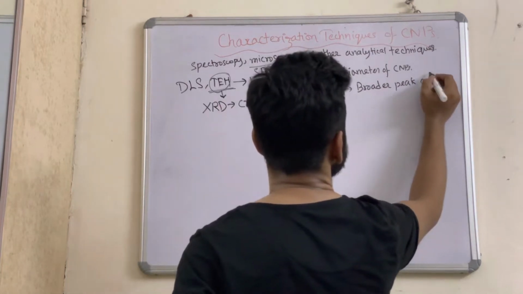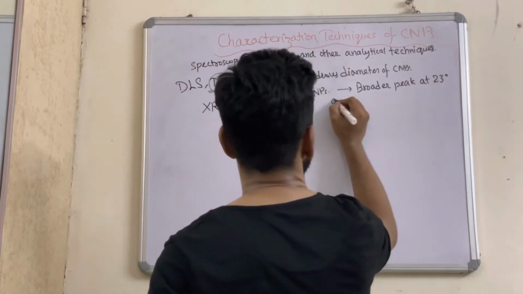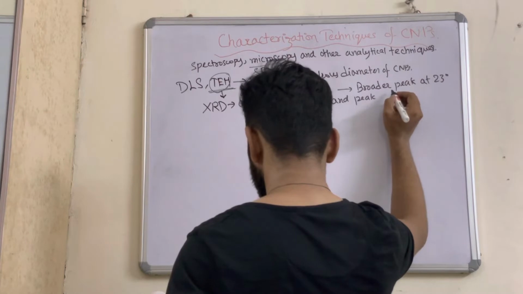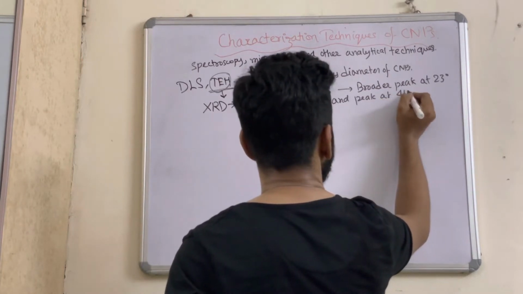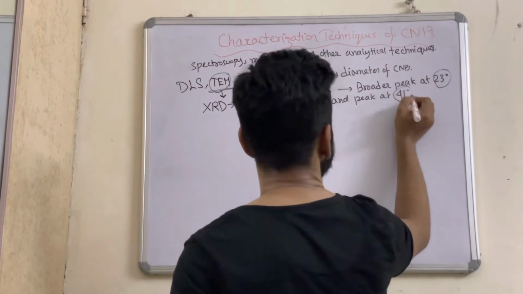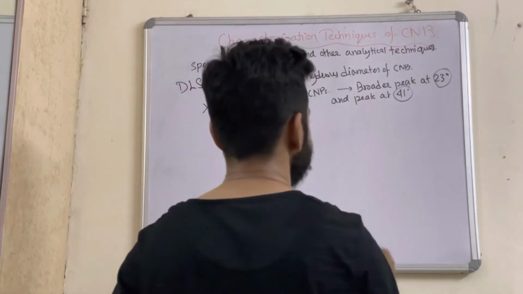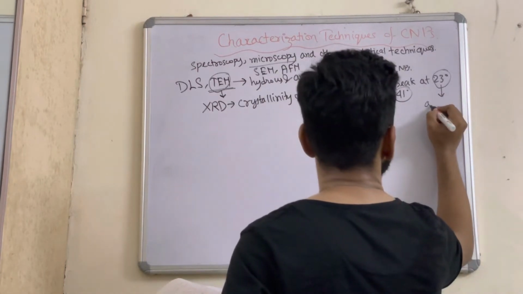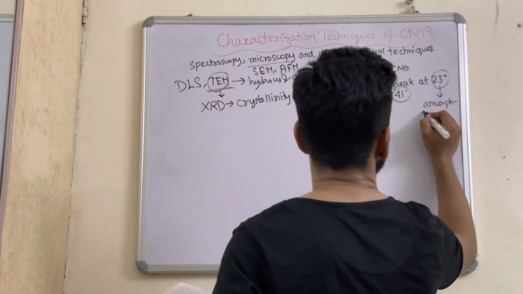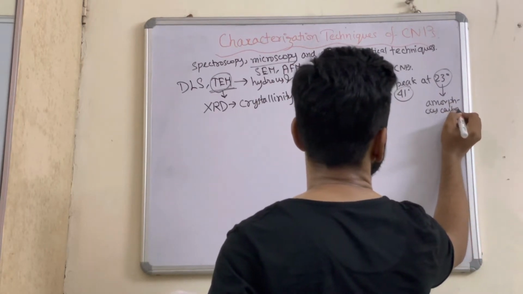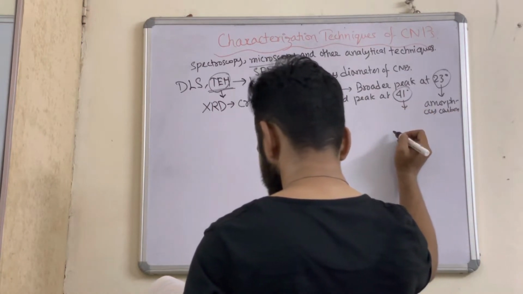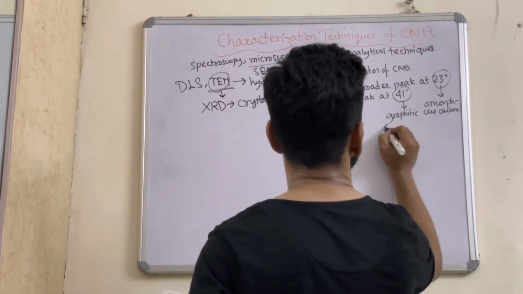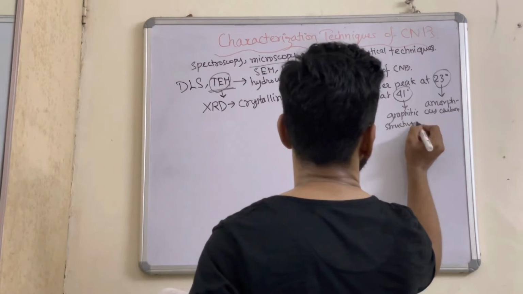So, it has been reported that a broader peak at 23 degrees and another peak at 41 degrees indicated the presence of amorphous carbon and graphitic structure, respectively.